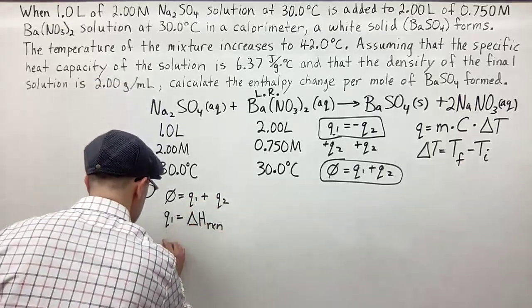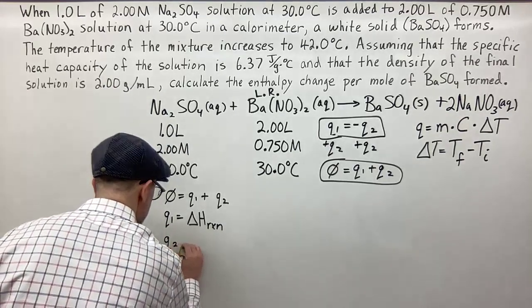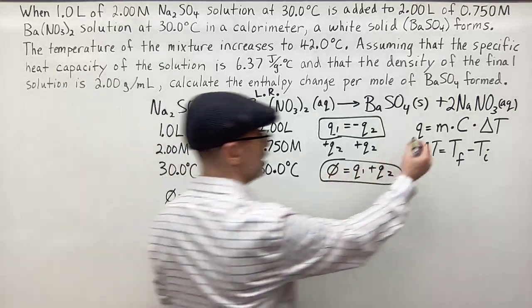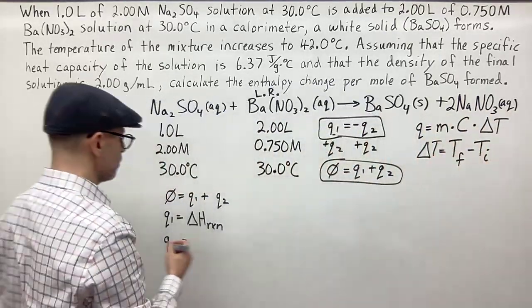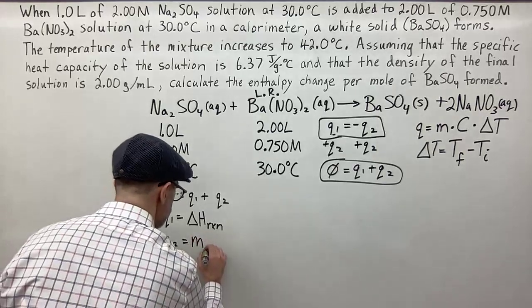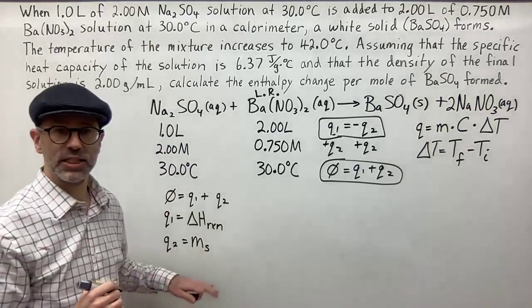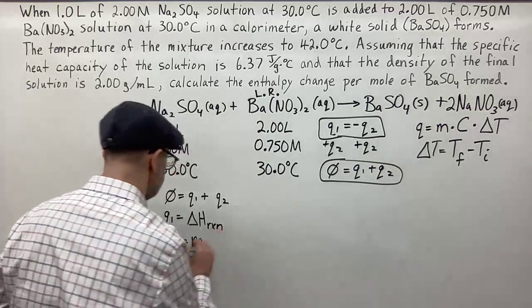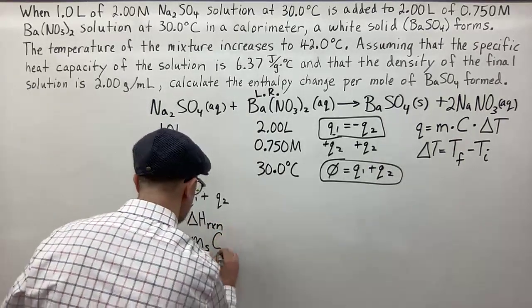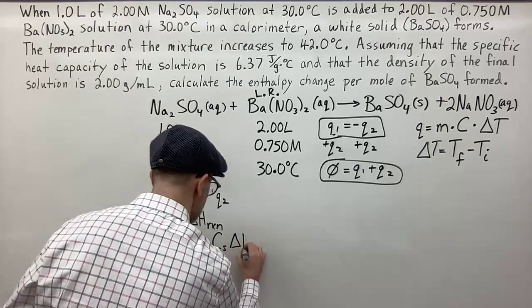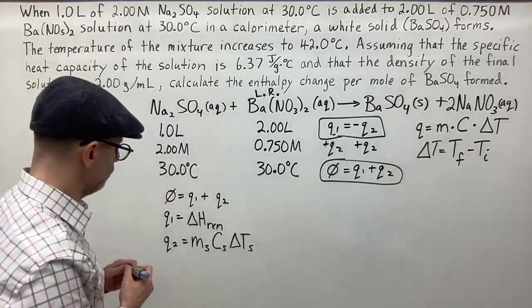So Q2 is going to be equal to, well, what's the equation? We're going to use this equation here. So it's going to be the mass of the solution. I'm going to put S for solution. And then the specific heat of the solution multiplied by delta T of the solution.